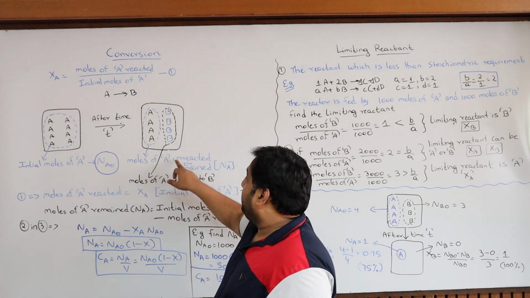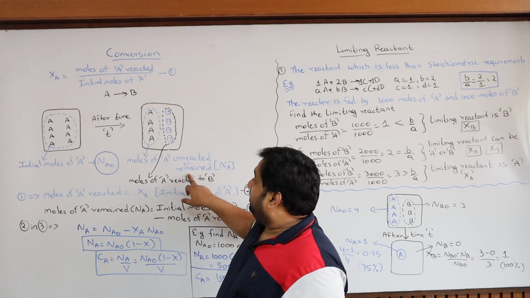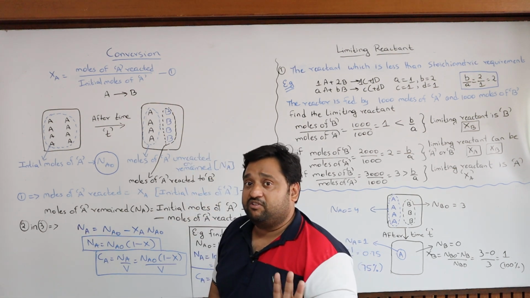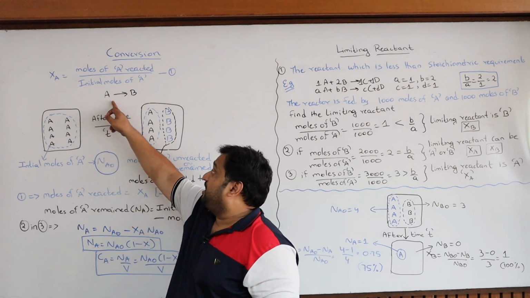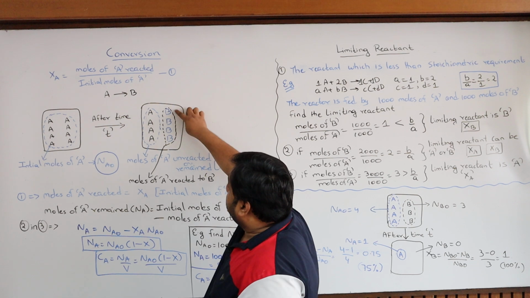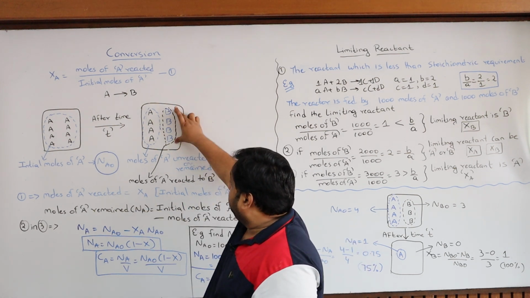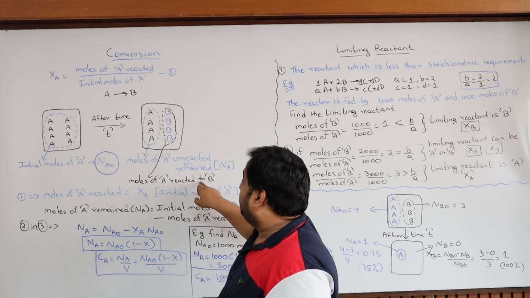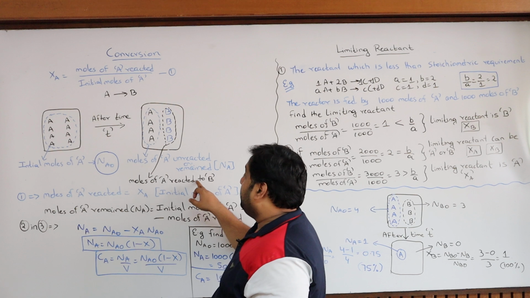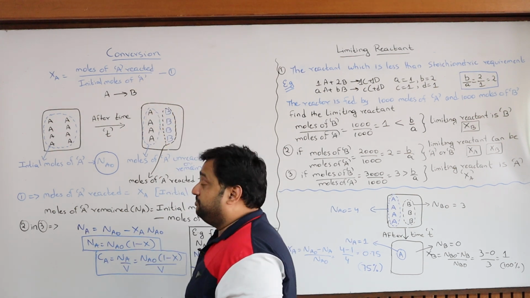And these are the 4 molecules of B that have been formed. If 4 molecules of B have been formed, that means 4 molecules of A got reacted. That is why it is denoted as moles of A reacted to form B. This is what goes in here.